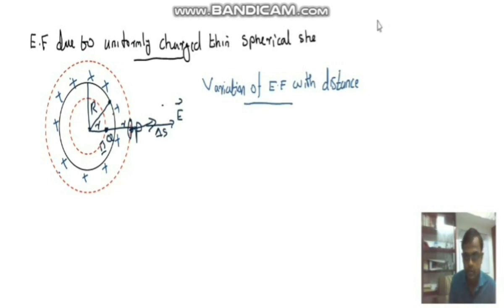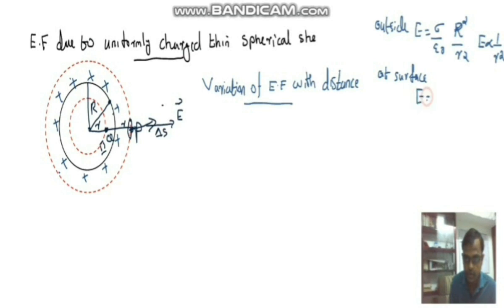Outside, E is equal to sigma divided by epsilon 0, capital R square divided by small r square. So I can write here E is inversely proportional to r square. Now at the surface, electric field is maximum, sigma divided by epsilon 0.